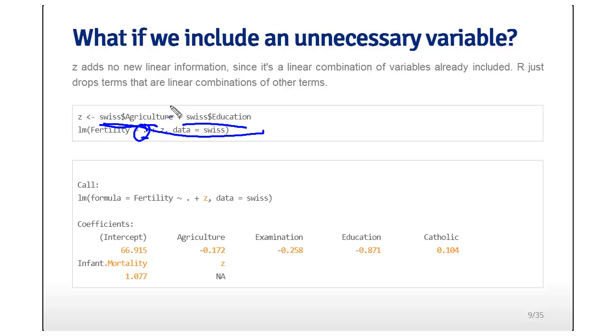Anyway, if you include a linear function of variables that are already in the model, then when R fits the model, it says, oh, wait a minute, if I know these variables I linearly know Z, so this contains no extra new information, so I throw it out and put an NA there. And that's why you see these NAs pop up in R: that variable is linearly related to the other variables that are included in the model.